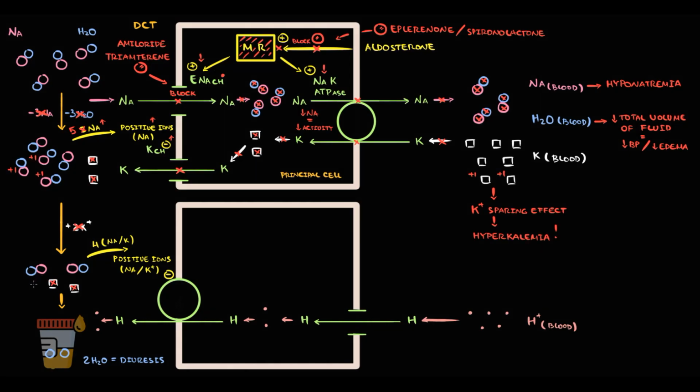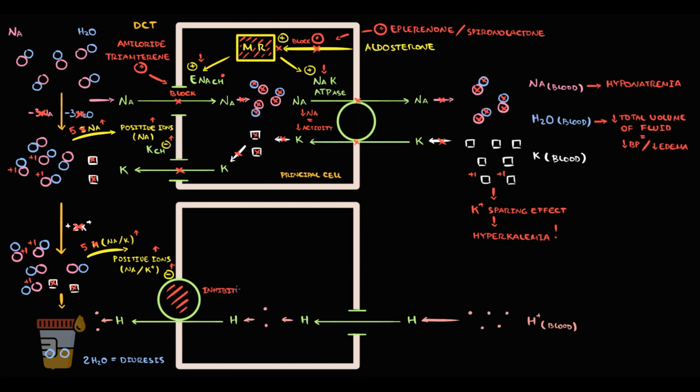So fluid that comes to the distal region does not have potassium molecules, but instead has 5 sodium molecules, which give us 5 positively charged ions in the lumen. With increase in the amount of positively charged ions in the lumen, the activity of the hydrogen transporter decreases.